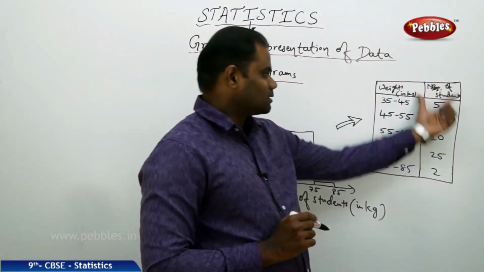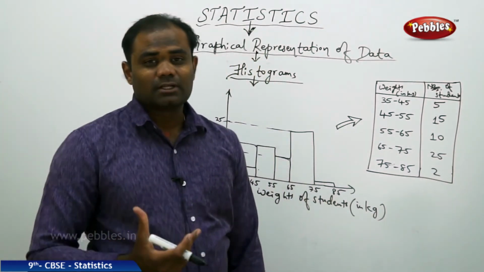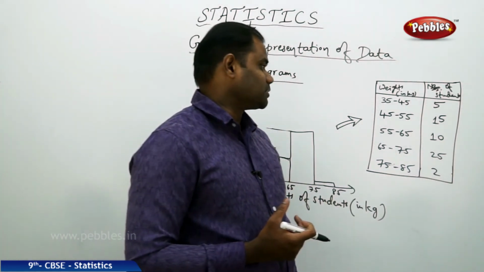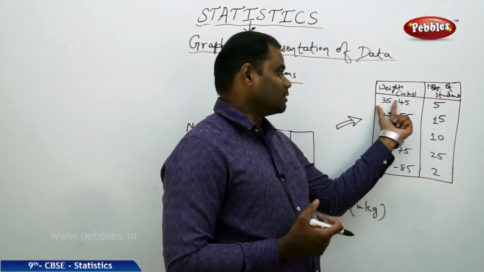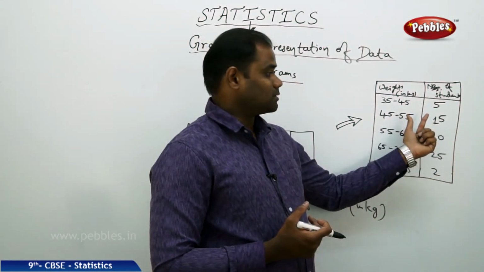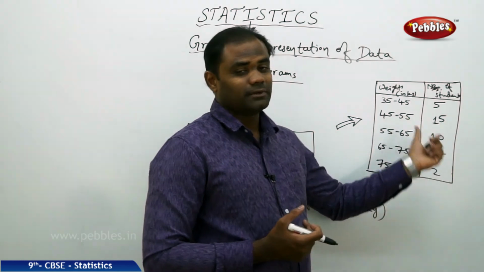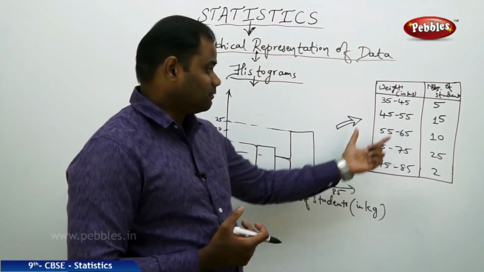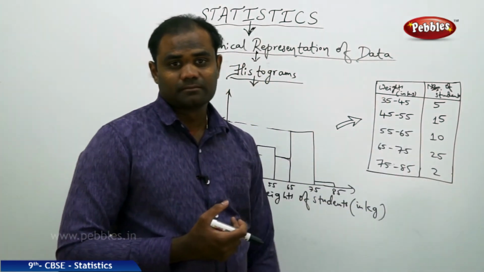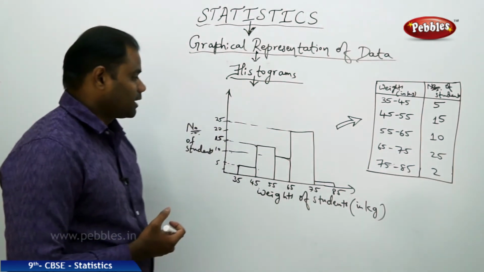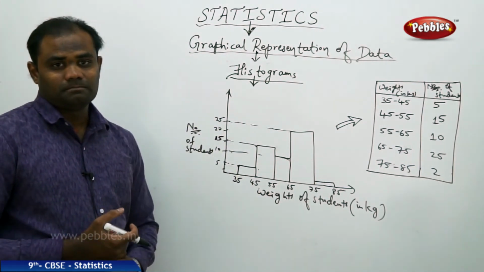That's how I get the frequency, which in turn makes me understand in a real life situation that there are 5 students who lie between 35 to 45 kgs. There are 15 students who lie between 45 to 55 kgs, etc. Histogram connected with a frequency table.